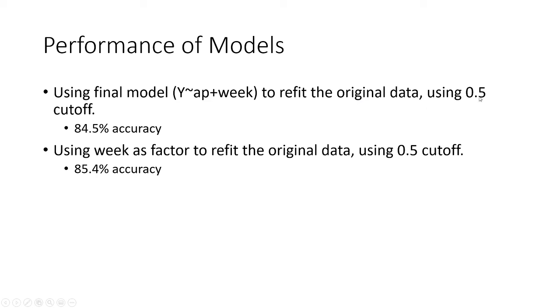Both used a 0.5 cutoff, and it turns out to have 84.5 accuracy for the numerical model, and using the factor model, I get 85.4 accuracy. So they are about the same level of performance. The only difference between those models is the amount of detail you would like to see with the week time frame of effectiveness.